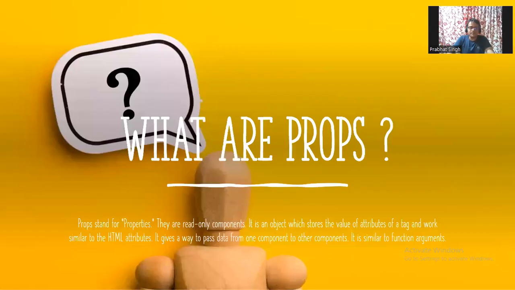So let's go. Yeah, this is a good question. What are props? Props is generally a short form of properties. Let's suppose, for example, I have to pass red color as a background. I have to tell the developer that you have to give red color to the background.